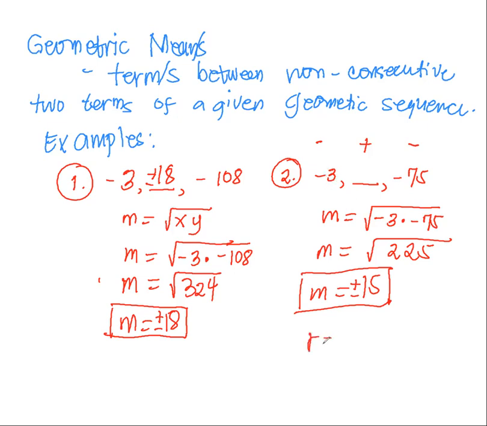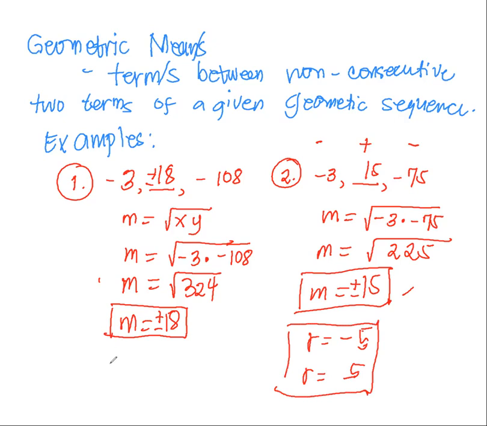Your R can be -5. So kung -5 yung R mo, the next term is positive 15. If your R is positive 5, therefore, it can be -15. So either of the two. So it can be positive or negative.